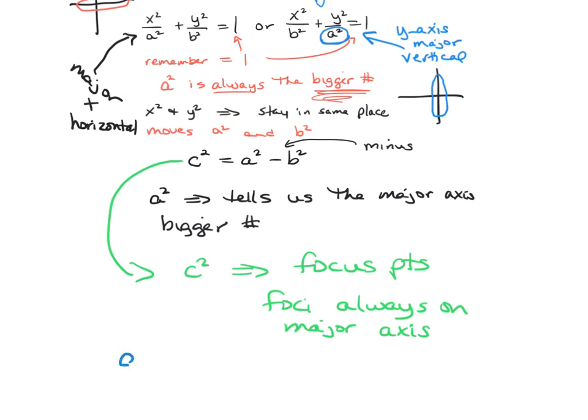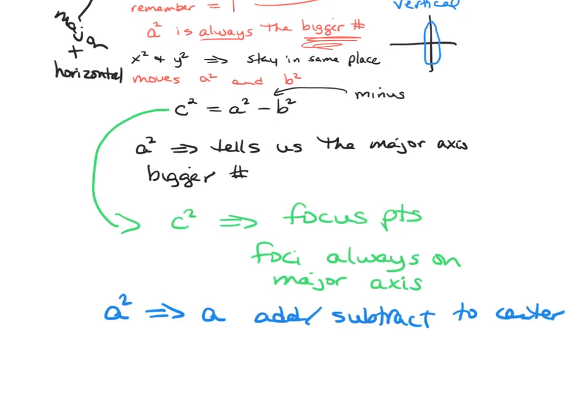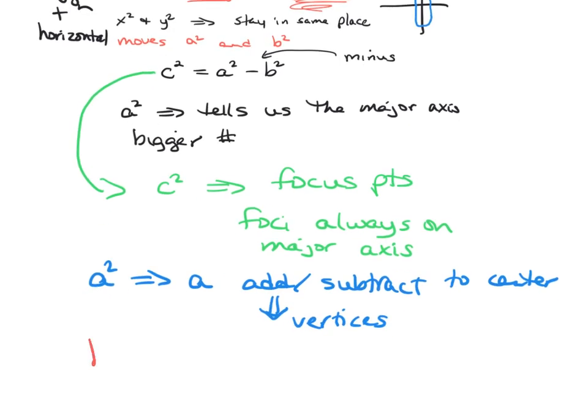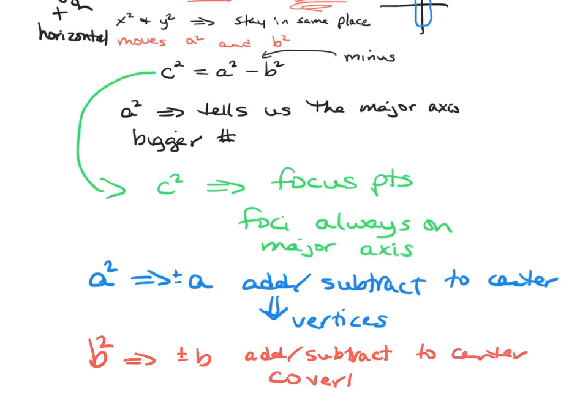So the a squared, once we square root it and get our a value, we're going to be adding and subtracting this a value to the center, and that's going to give us our vertices. The b squared, once I square root it, this will turn into a plus minus. Same thing here, plus minus. We'll be adding and subtracting again to the center to get the co-vertices.